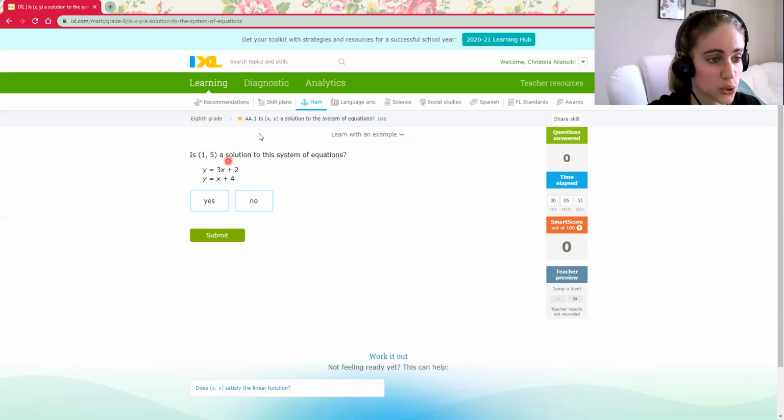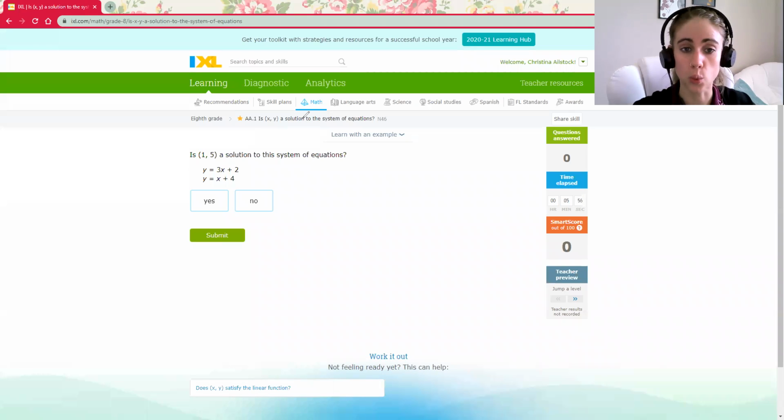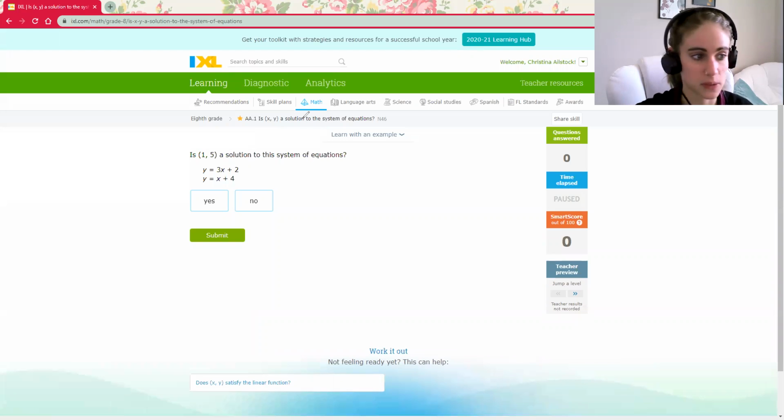Before we can substitute, we need to identify what numbers are aligned with my assigned variables. This ordered pair right here, (1, 5), is what we're going to use because we want to know if that's a solution. With the 1 and the 5, which number is my x value and which is my y?